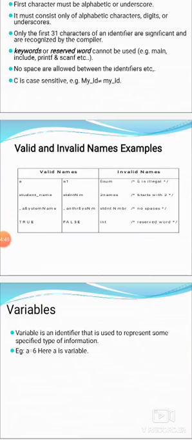Here we are starting with a number, so it is not considered as an identifier. Student number, here there is a space between student and number, so it is not considered as an identifier. And int is a reserved word, so this cannot be used as an identifier. These are some of the examples of valid and invalid names.